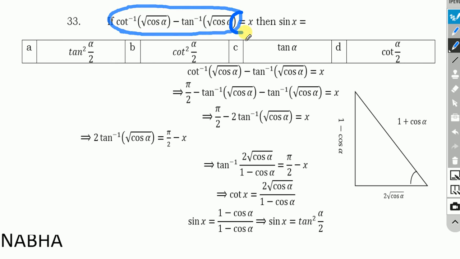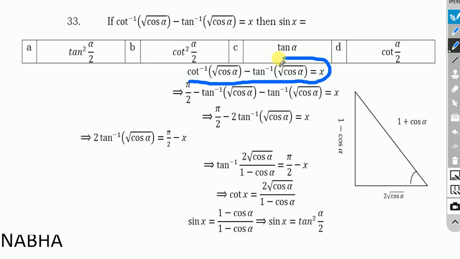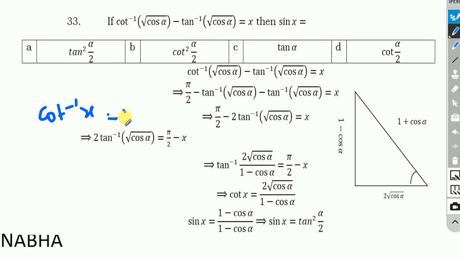So let us consider cot inverse of root of cos alpha minus tan inverse of root of cos alpha is equal to x. We know that cot inverse x is nothing but pi by 2 minus tan inverse of x. So we will use the formula cot inverse x is equal to pi by 2 minus tan inverse of x.